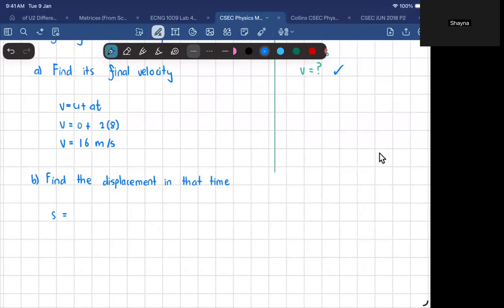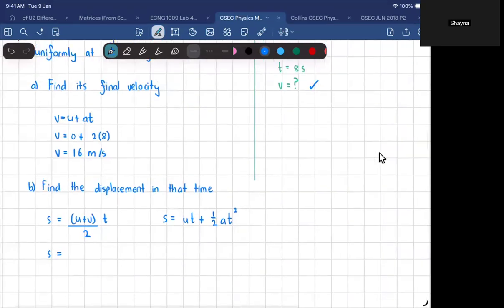Or we could use S equals U plus V all over 2 by T. I'm saying the correct one to use is S equals UT plus a half AT squared, or you could use the next one. Well, let me see if we get the same answer.